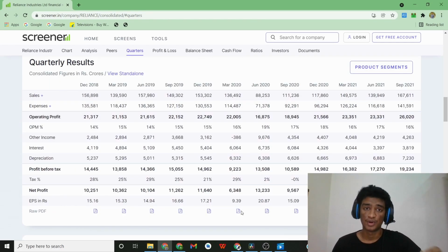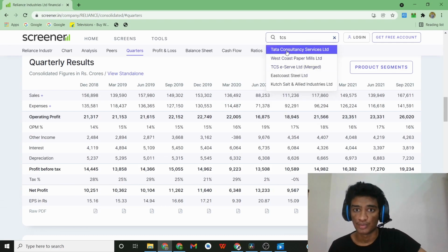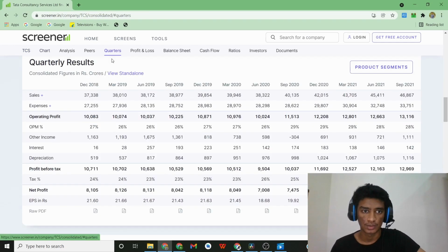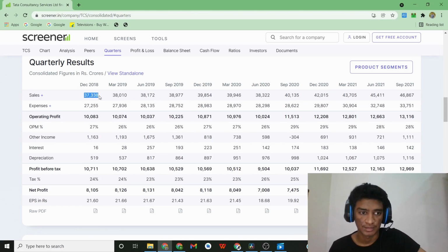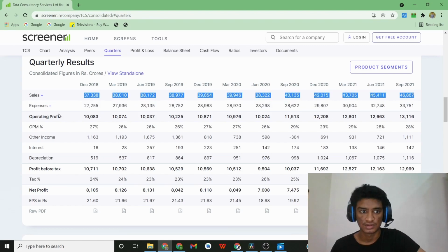So now say you want to do the same analysis for some other company, you can just search, say for example, TCS. So if I click on TCS, I get the details. I click on quarters, I get the quarterly results. Similarly, again, you can see the sales numbers, expenses. So here you can see the sales have grown from 37,000 to 46,000 crores.